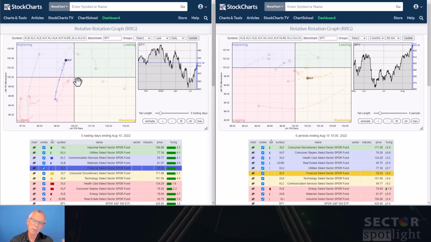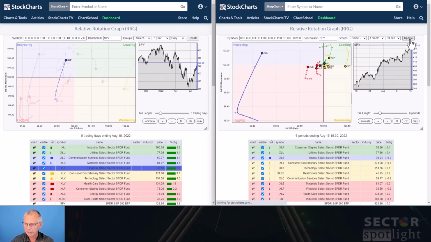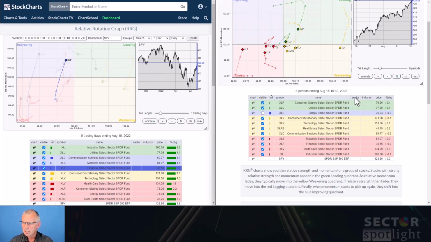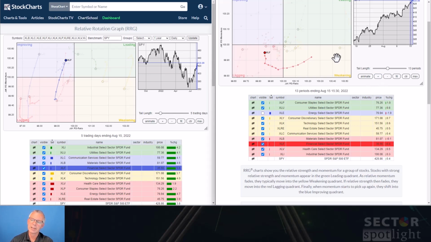If you want to be a little bit more aggressive, then you can go to the 30-minute time frame, which is 13 periods in a day of trading. I'm going to chop off the XLE here because it distorts my image. So now I want to look at financials, and they are here. And I want to look at 13 periods because that's an entire day of trading.